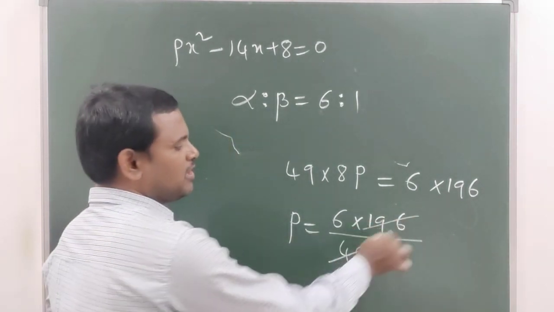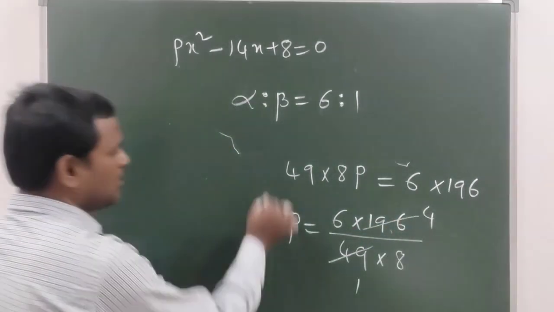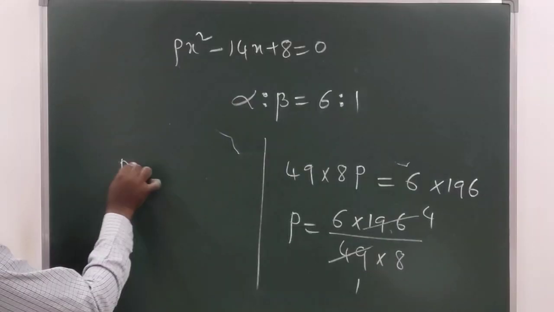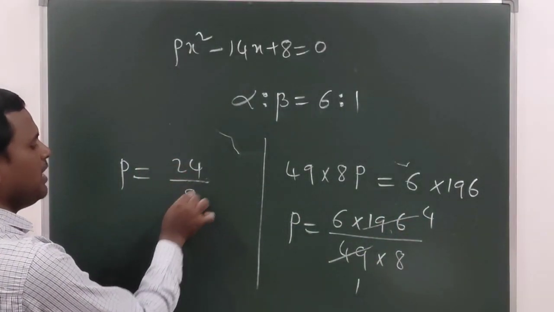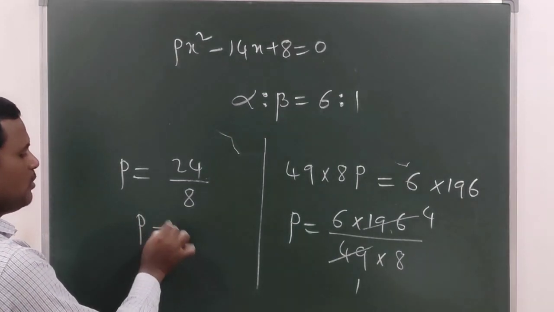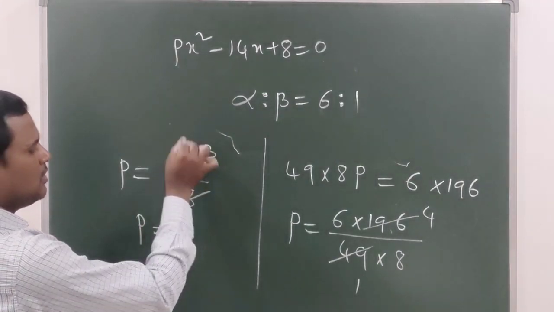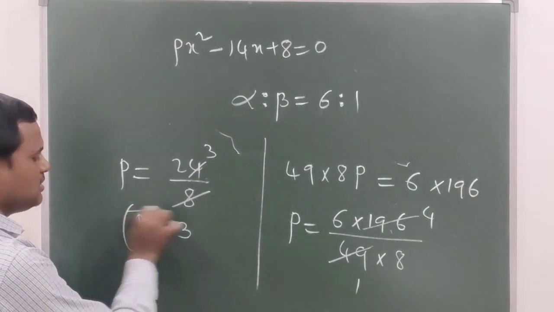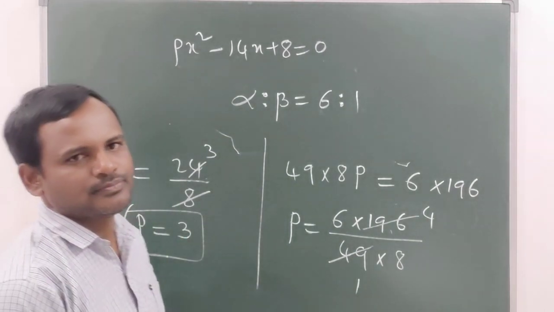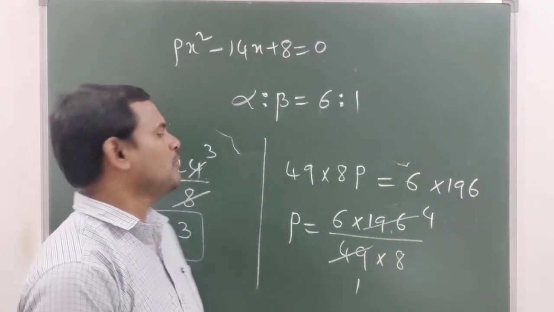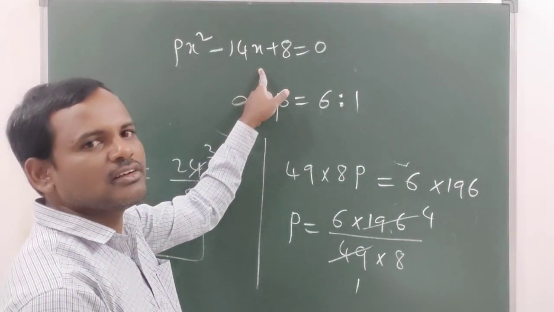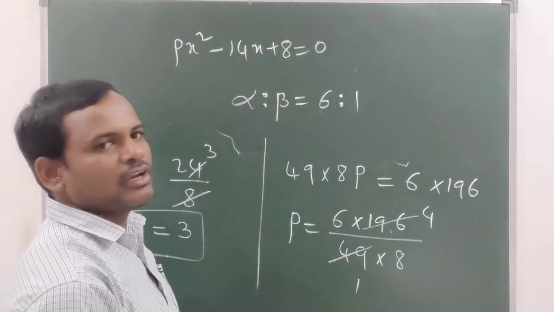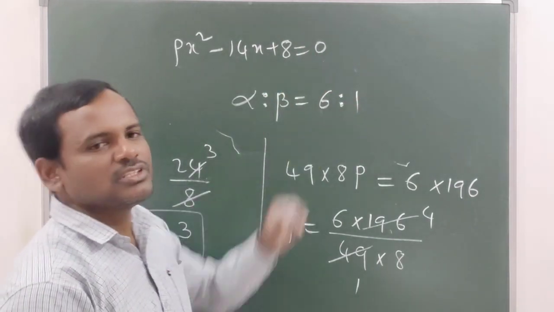So the 49 fours you can cancel. Now p is equal to how much? 6 fours are 24. So 24 by 8, now p is equal to 3. So our required value of p is 3. So when the p value is 3, this equation will have roots whose ratio is 6:1.